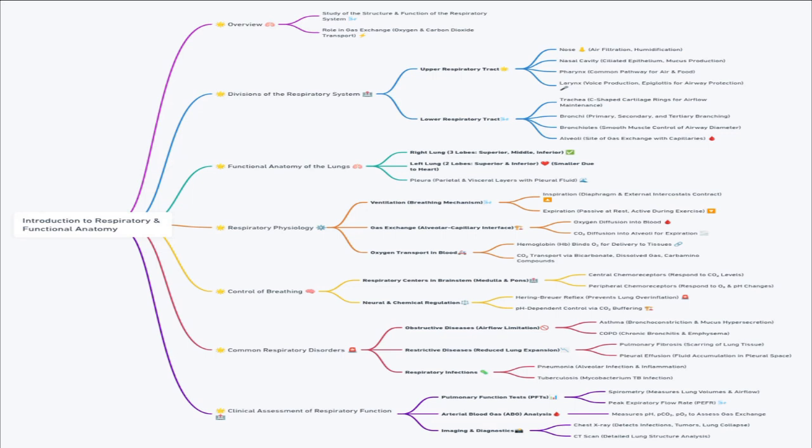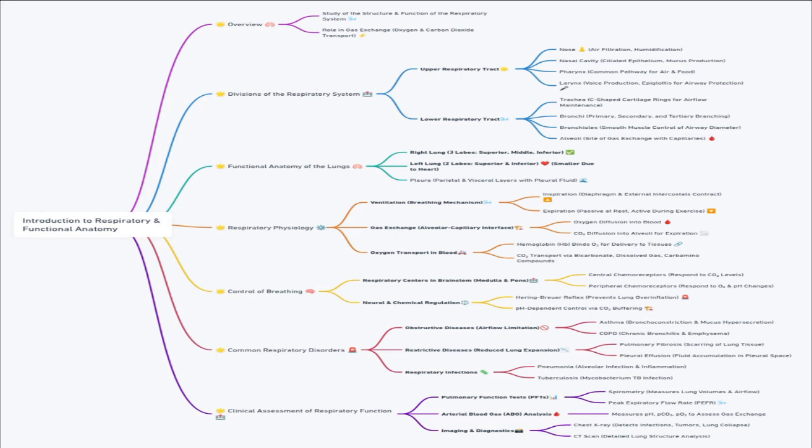Gas exchange is the exchange of oxygen and carbon dioxide between the alveoli and pulmonary capillaries. So alveoli being the lungs and pulmonary capillaries being the blood. Gas transport is the transport of gases in the blood, and the utilization of oxygen by cells has to do with the internal cellular respiration, and oxygen is used in DNA synthesis.